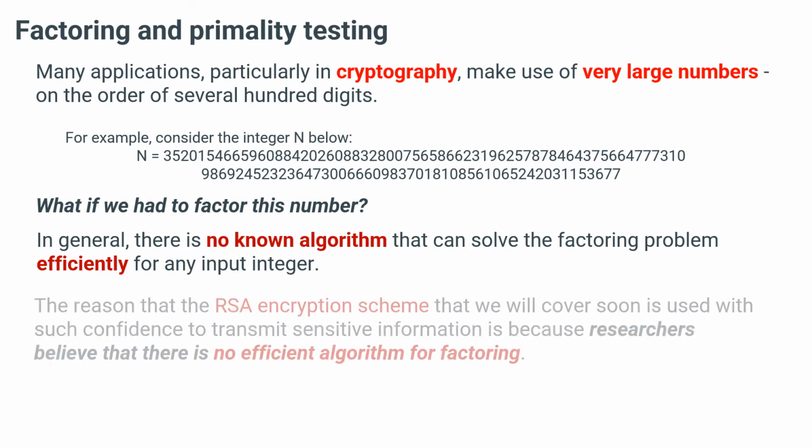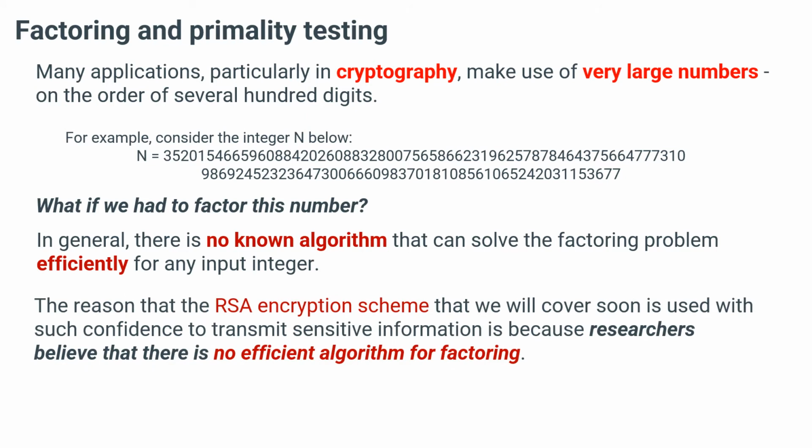That is why this RSA encryption scheme that we're going to be learning about next week is such a good system to use, and why it's used with confidence to transmit sensitive information.